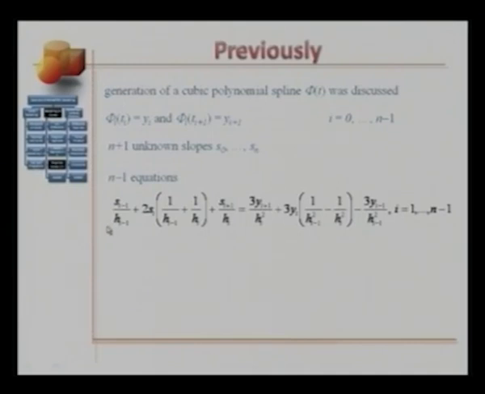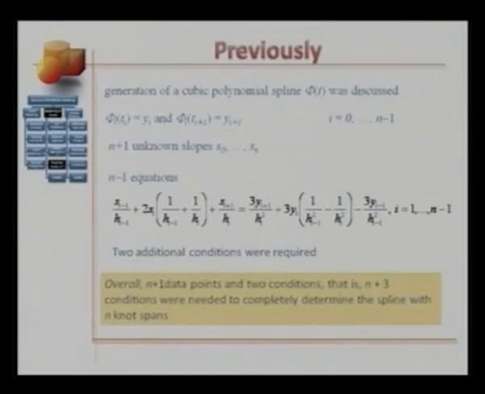This was a familiar equation that we had encountered when discussing C2 composite Ferguson curves. If you would recall, this is a tri-diagonal system, and that can be solved very efficiently. But anyhow, to be able to find these intermediate slopes for the cubic polynomial spline to be twice differentiable everywhere, we needed 2 additional conditions.